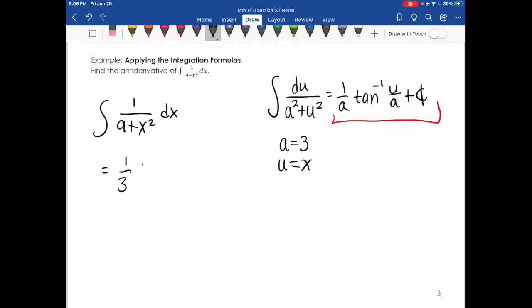So anywhere that I see a, I'm going to replace it with 3, and anywhere I see u, I'm going to replace it with x. So I have 1 over 3 inverse tangent of x over 3 plus my constant. And that will be my final answer.